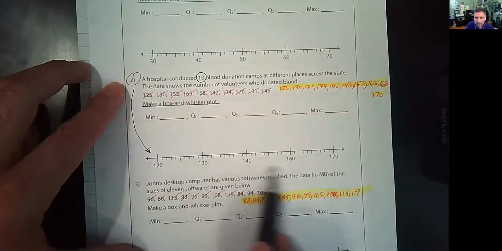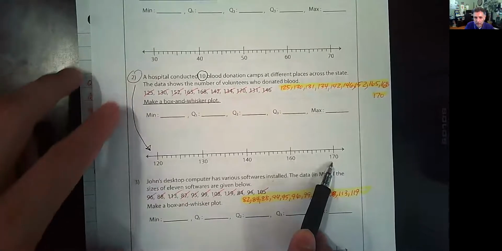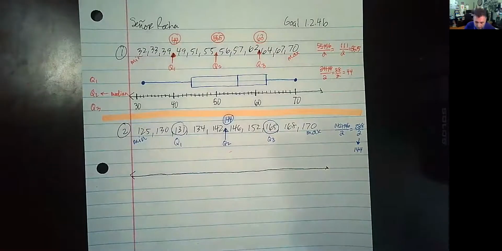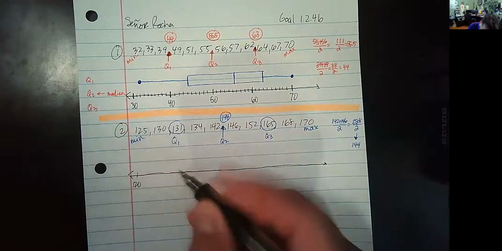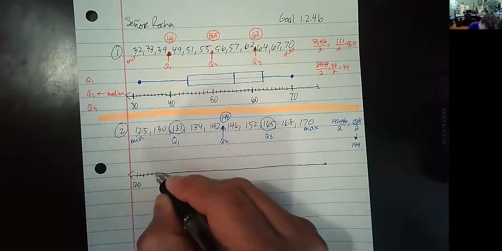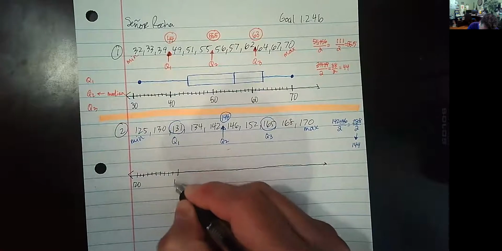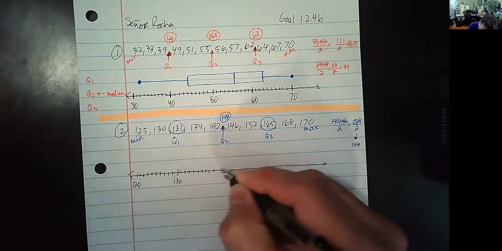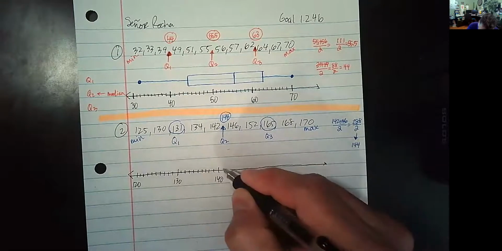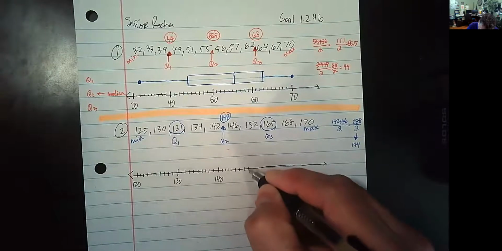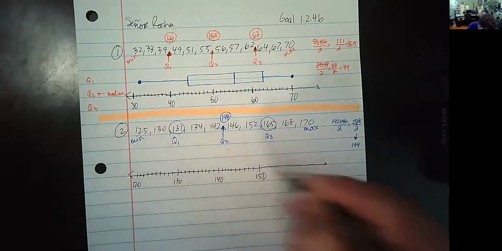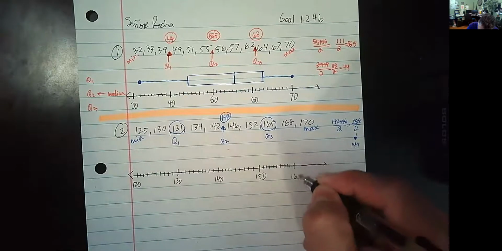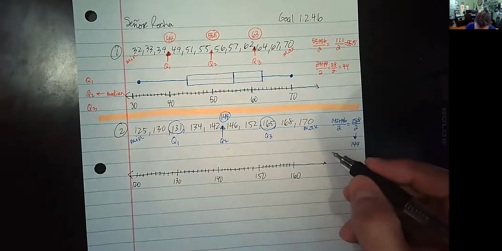It goes from 120 to 170, just how we suggested. So let's go ahead and put 120 here. And it's going to be 121, 122, 123, 124, 125, 126, 127, 128, 129, 130, 131, 132, 133, 134, 135, 136, 137, 138, 139, 140, and so on up to 150, then 154, 155, 156, 157, 158, 159, 160.